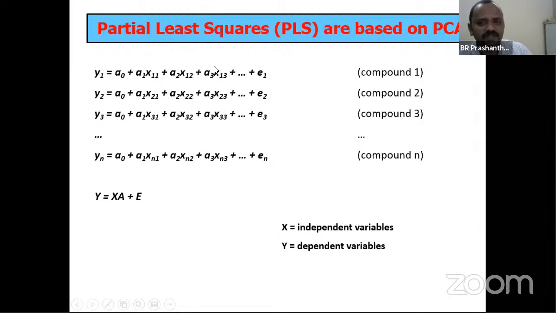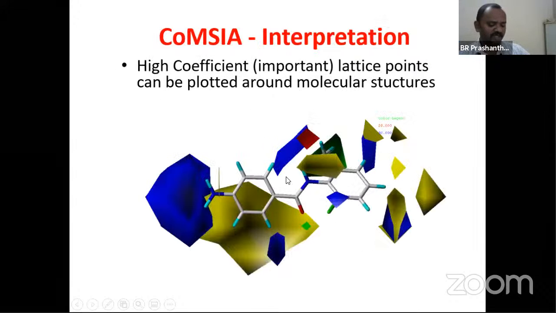You can see the partial equations based on the PCA, and how the equations are developed for each and every compound in the training set. Here x is an independent variable and y is the dependent variable. Now what do we get by doing this?